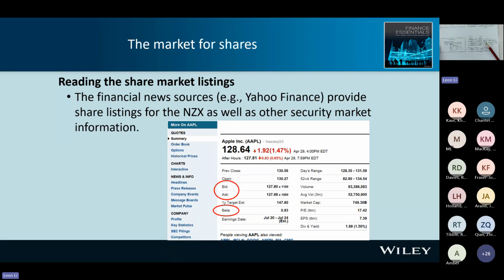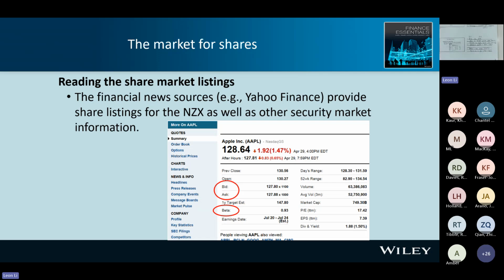On the other hand, when I sell the share, I receive a lower price. The difference between them is the profit to the dealer.